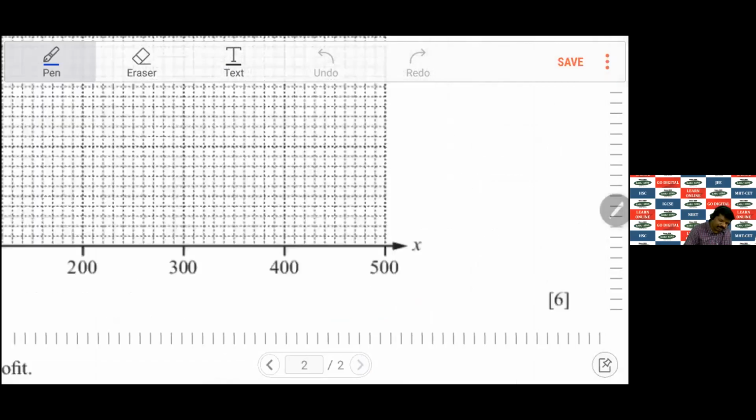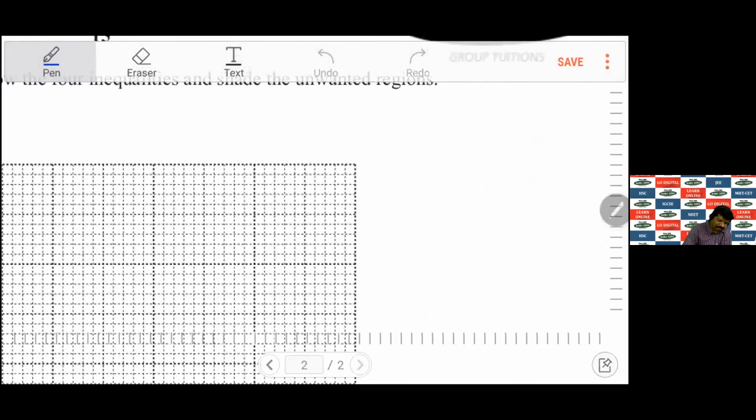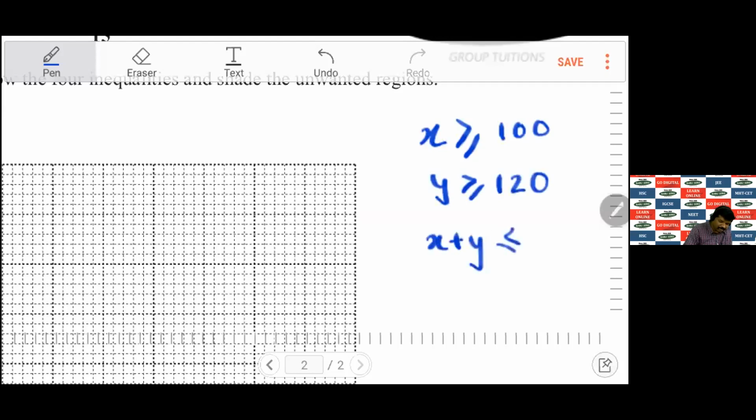Equation number 1: X is greater or equal to 100. Y is greater or equal to 120. X plus Y was less or equal to 300.